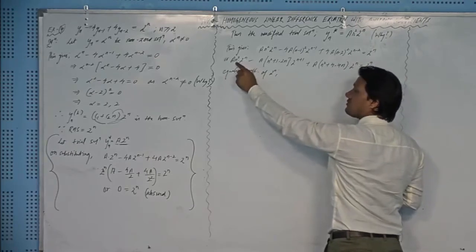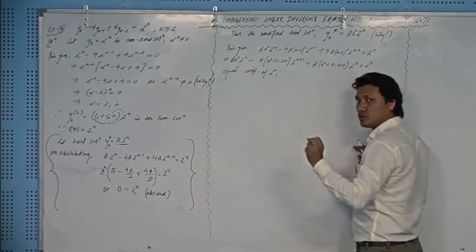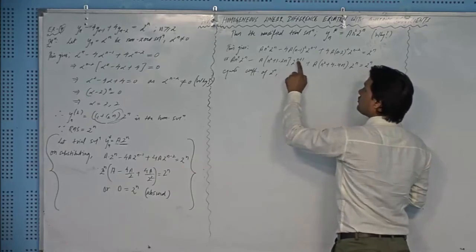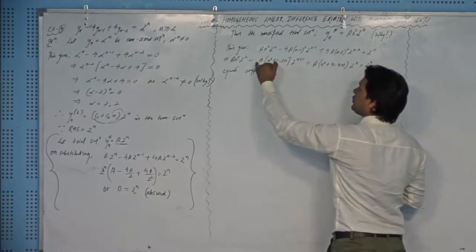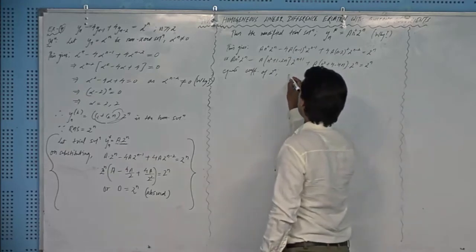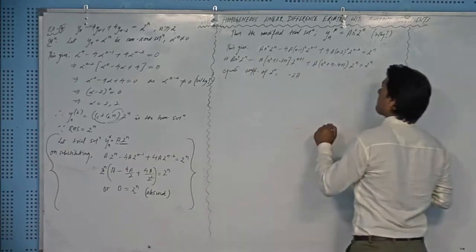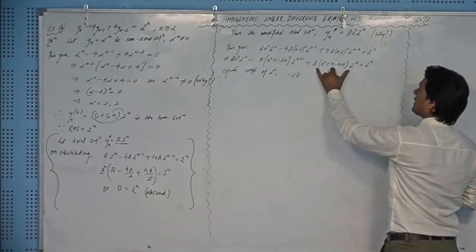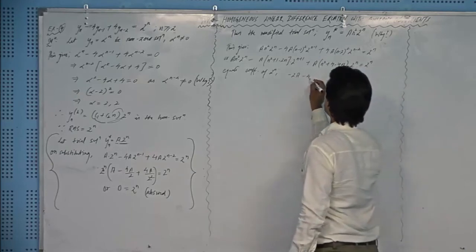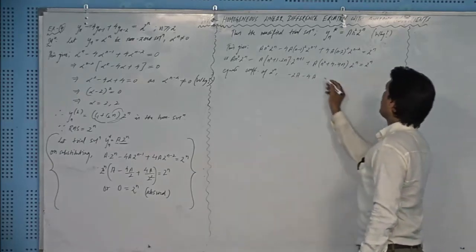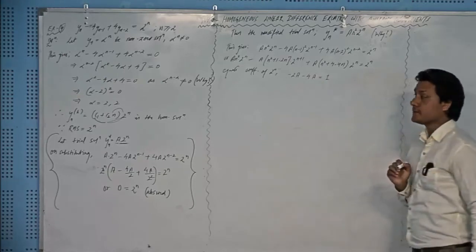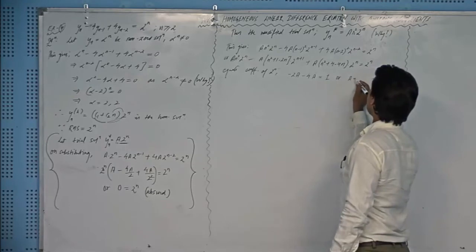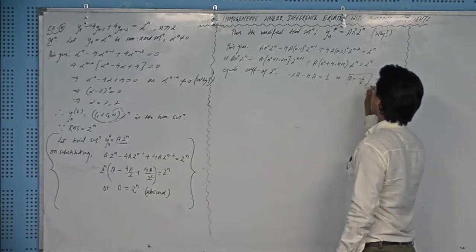Coefficient should be a pure constant, not a function. So here we have 2 to the power n terms: that is 2a times 2 to the power n, so minus 2a, and from the last term 4a, so plus 4a, equal to 1. Then finding the value of a, this will give a equal to minus 1 by 6. So this is your a.